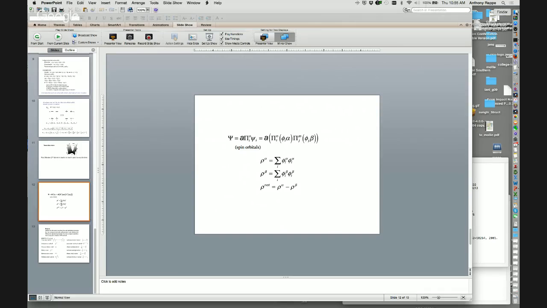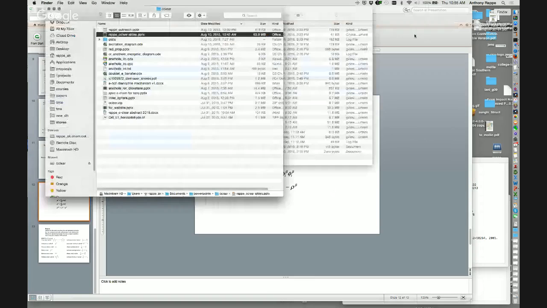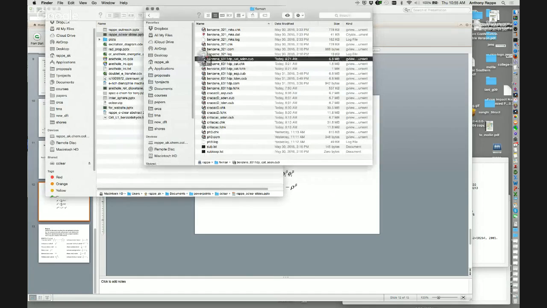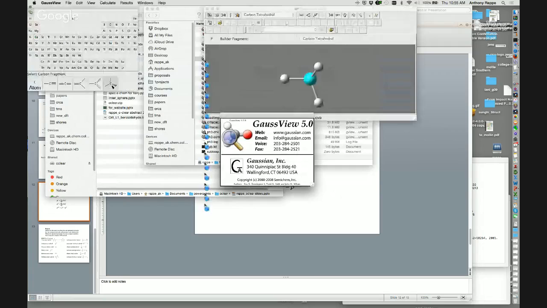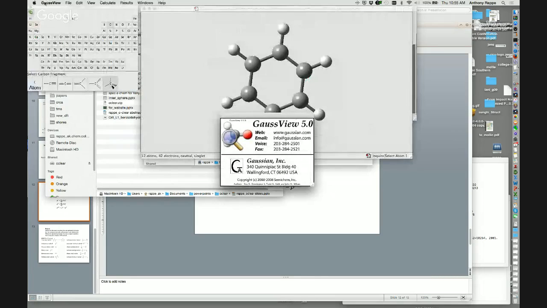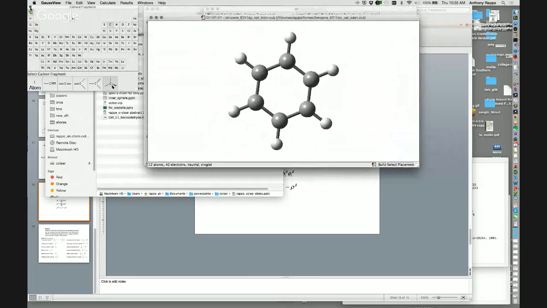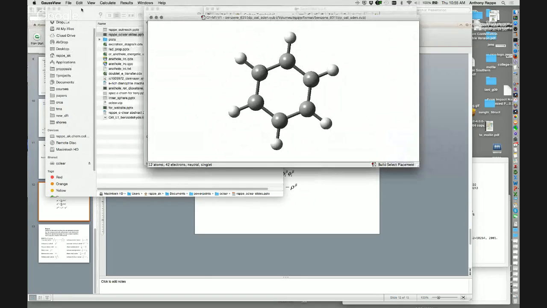Computationally, we can look at spin densities in GaussView. One of the options is, instead of plotting the total density, you can plot the net spin density, where it does the summations and subtractions.